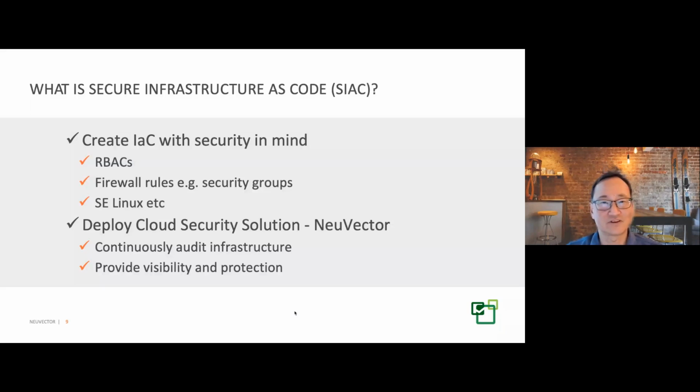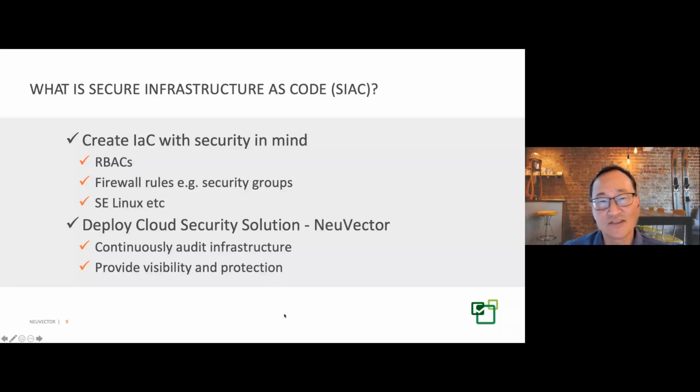Of course, a few years ago, you may have heard about the Tesla hack where a Kubernetes cluster was left open, the management plane, and hackers were able to get in, escape down into the EC2 instance and install crypto mining. So any type of access controls, of course, are critical. Firewall rules, SELinux configuration settings, all of those things should be examined and configured before you deploy your infrastructure.